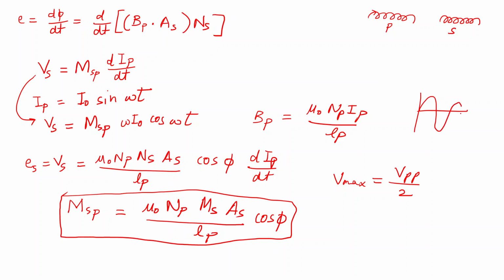When we say peak to peak, it means from the maximum to the minimum, the maximum on the negative side. This value we call V peak to peak. Half of it gives MSP I naught omega over 2.